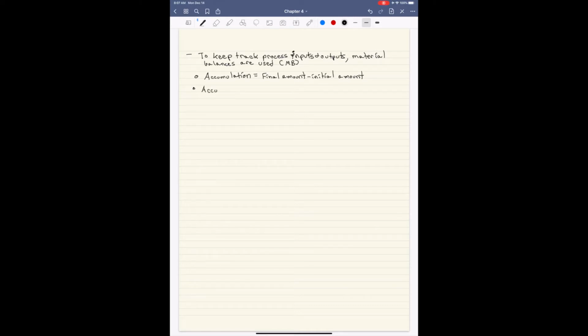Another, but equivalent, way that we could account for accumulation is by looking at all of the inputs into the process, subtracting off all of the outputs, adding in anything that's generated, so a generation term, and then subtracting off anything that's consumed.